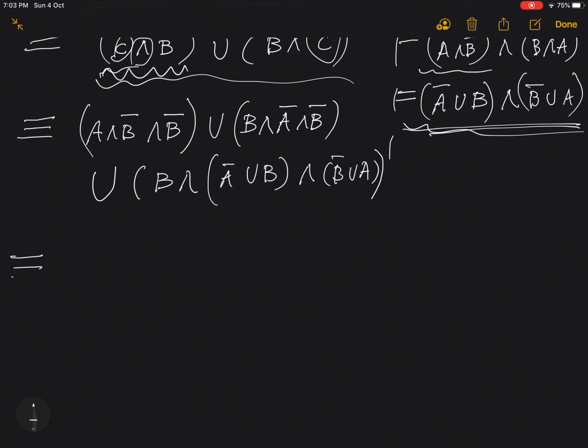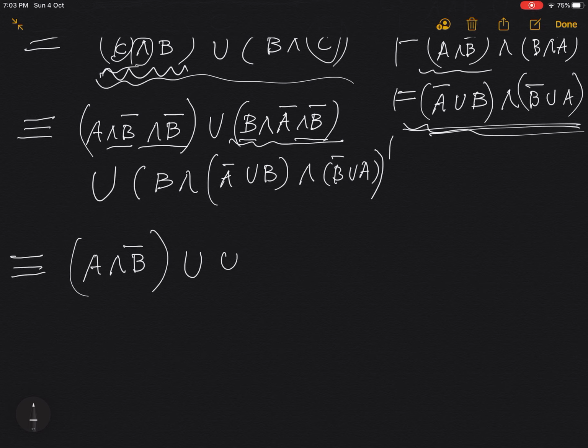Okay, and we can note the complement of B and the complement of B is also A and the complement of B. Or we can see there is a B here and a complement of B. That's an empty set.